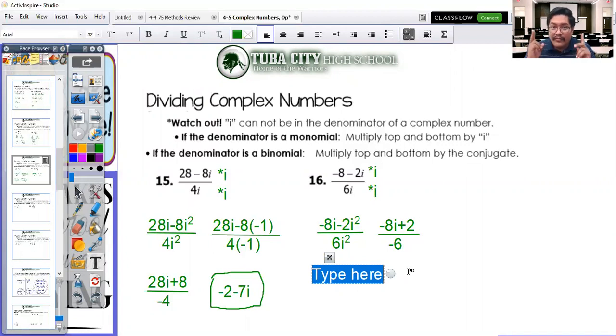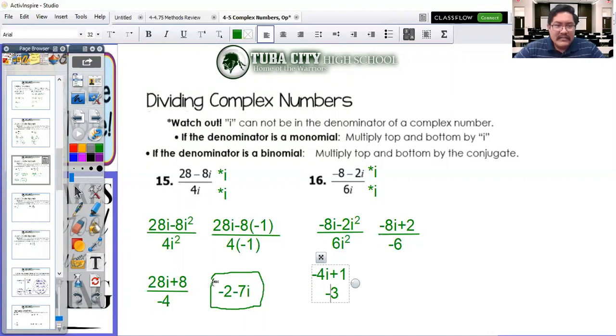The 2 on top and the 6 on the bottom, so 8, 2, and 6, can all be divided by 2. So I'm going to divide all of them by 2.